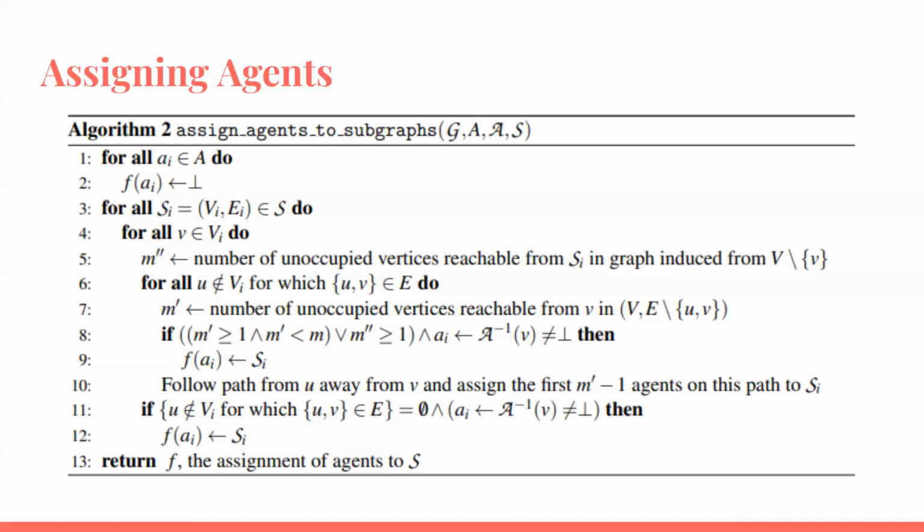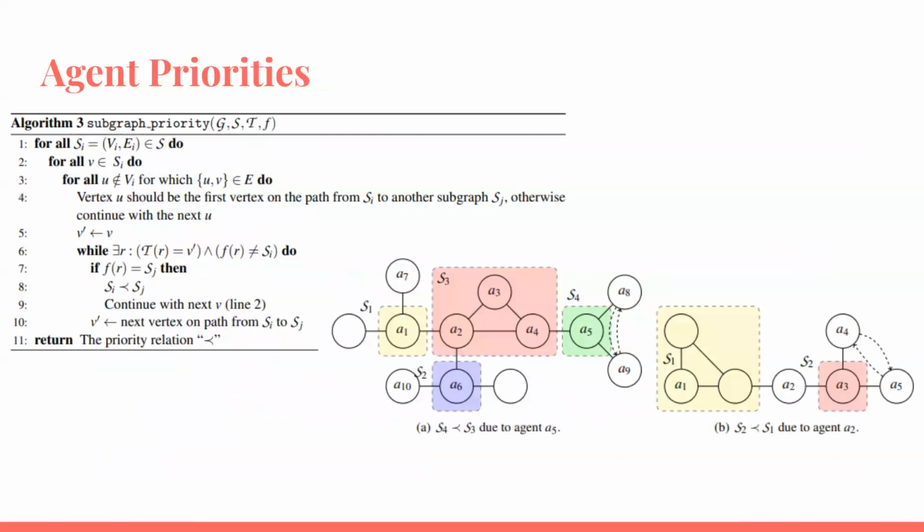In terms of the priorities, what the pseudocode does is it essentially checks to see if an agent will be blocked, and it assigns priorities to prevent that from happening.